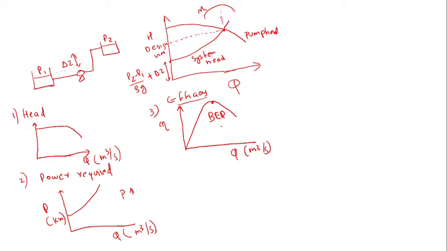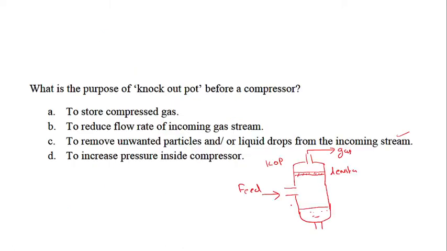If the feed contains some liquid droplets, there will be a demister pad which can separate any liquid droplets entrained with the gas. So this is the knockout pot.